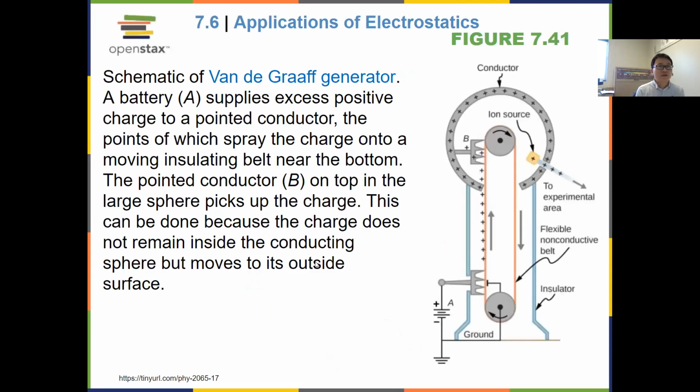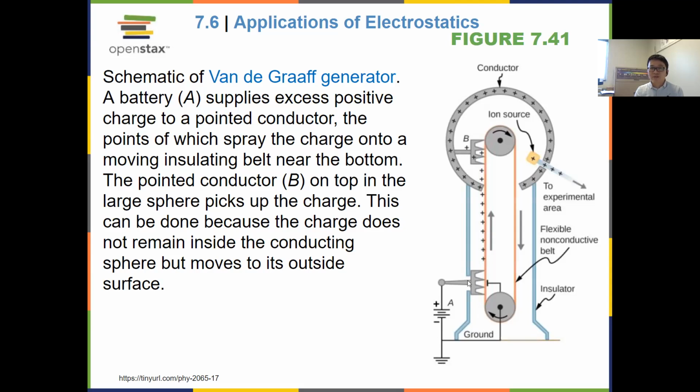All right. Moving on, applications of electrostatics. You know of the Van de Graaff generator, which is used to generate a large charge accumulation over the sphere, and that can be used for experiments. Basically you rub the rubber belt with this metal, which is connected to the ground.